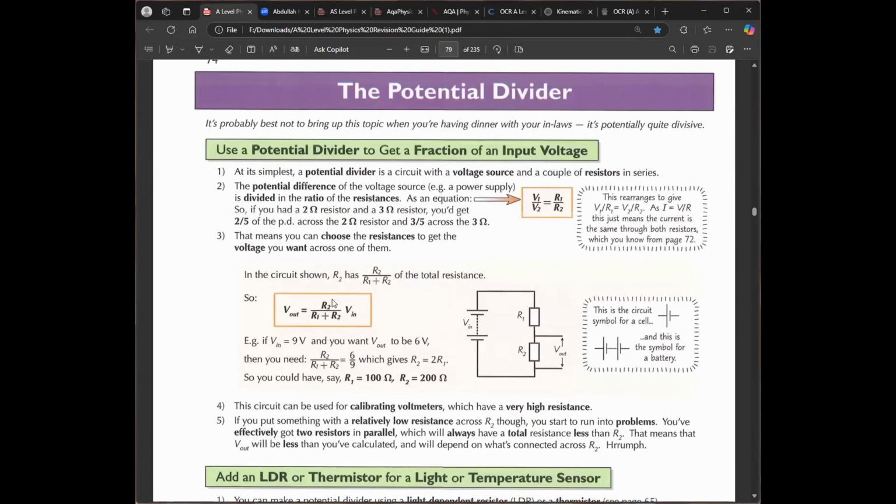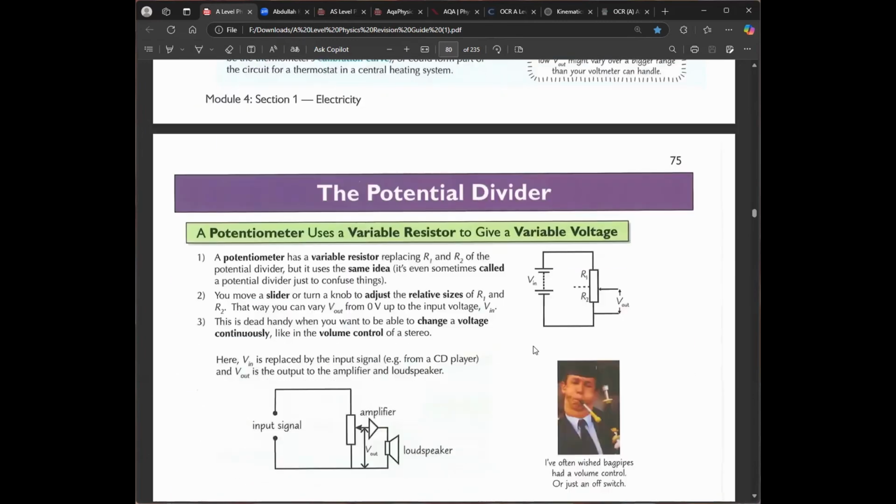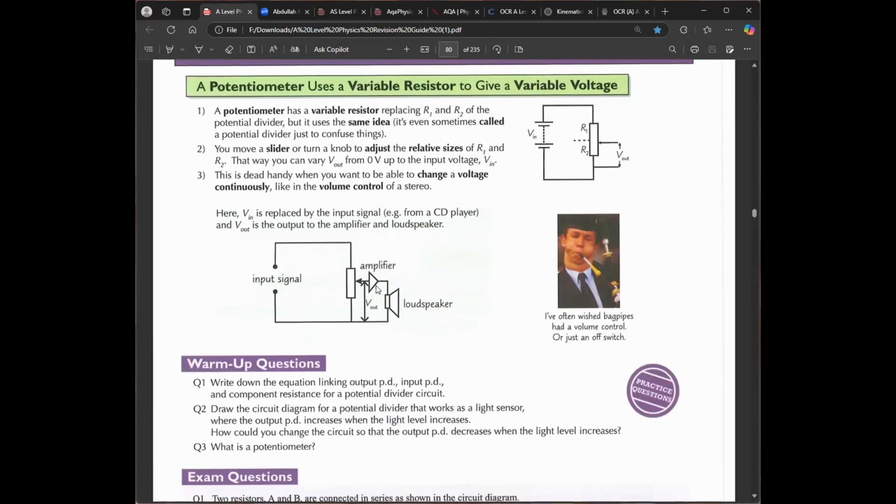It's just that to change R2 and R1, you simply move this arm and it will change R2 and R1 for you. And obviously this V output is across R2, so whatever is the value here, you'll get that output from here as well. As an application, they have shown how a loudspeaker and amplifier are connected here.